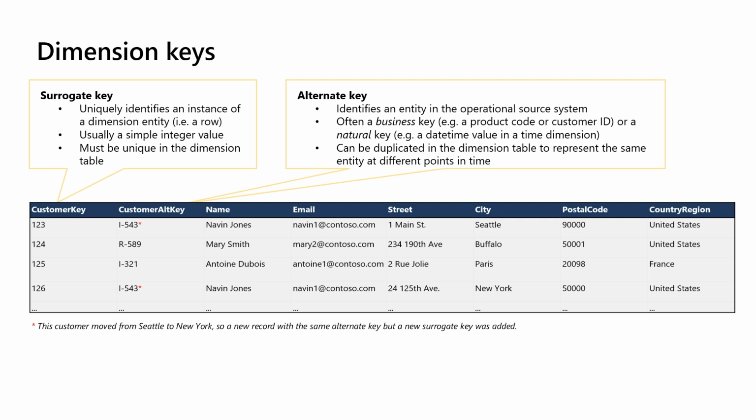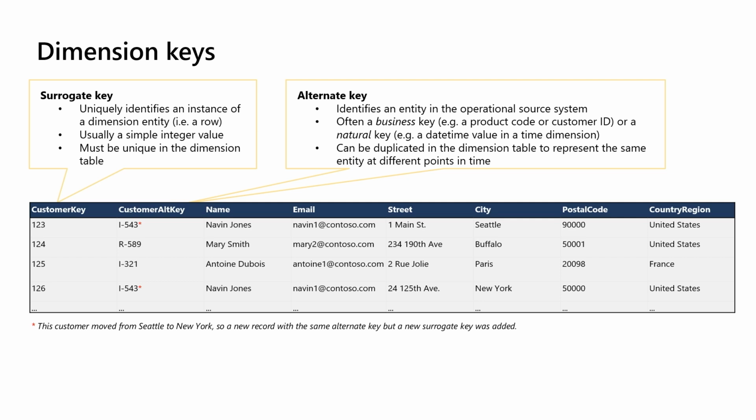The table contains 2 records for this customer, so that when aggregating sales by city, sales to the customer are counted for the city of residence at the time of the sale. It's the same customer, so the alternate key is the same for both records. But the surrogate key enables us to maintain a separate record for each city where they lived.